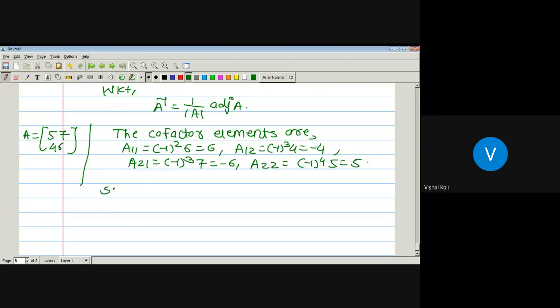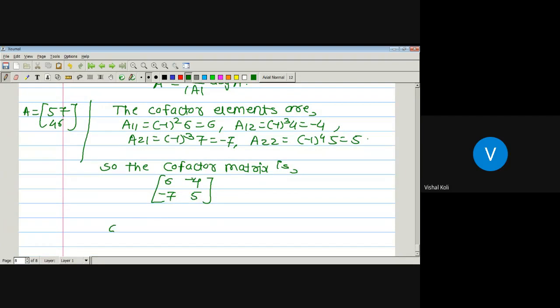So the cofactor matrix is A11 is 6, A12 is minus 4, A21 is minus 7, and A22 is 5. Okay, now just find its adjoint. So adjoint of matrix A is nothing but the transpose of the cofactor matrix 6 minus 4 minus 7 5.